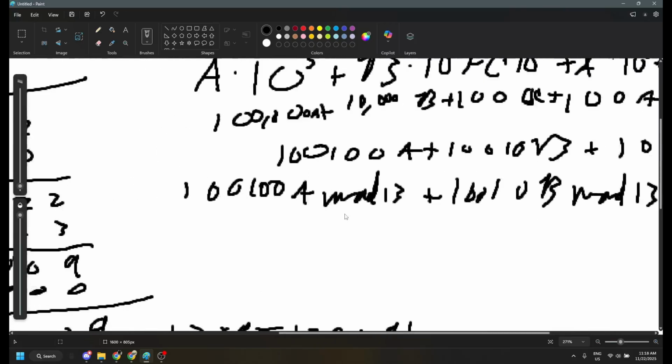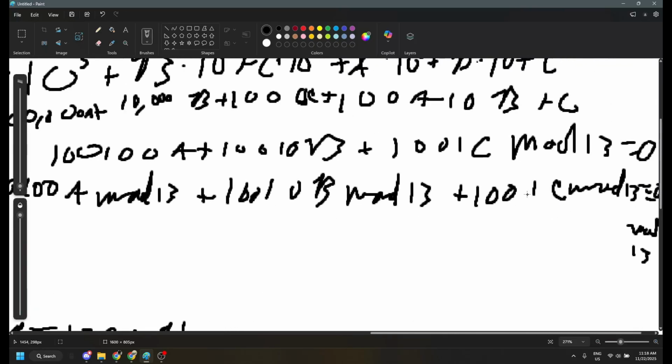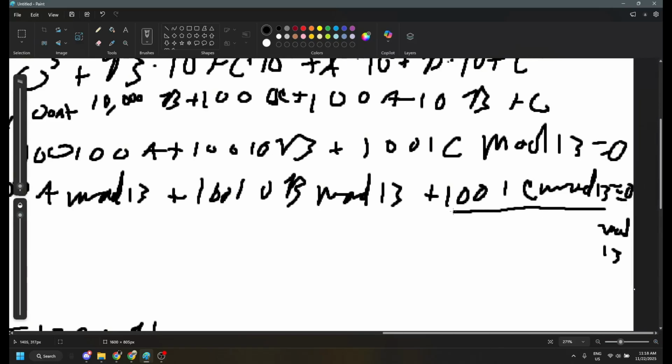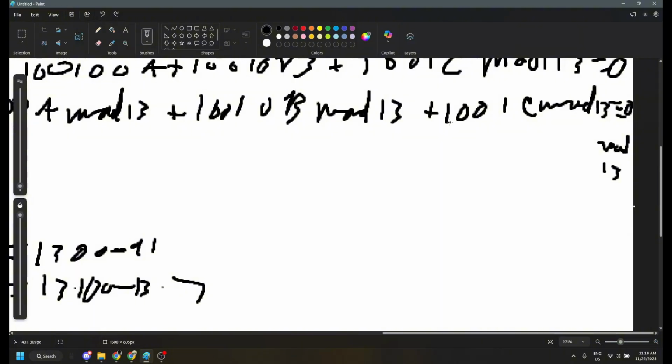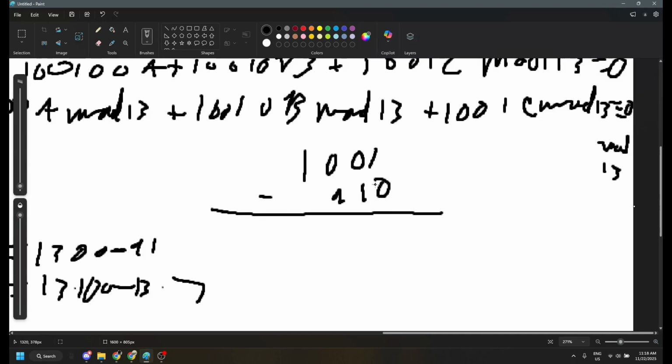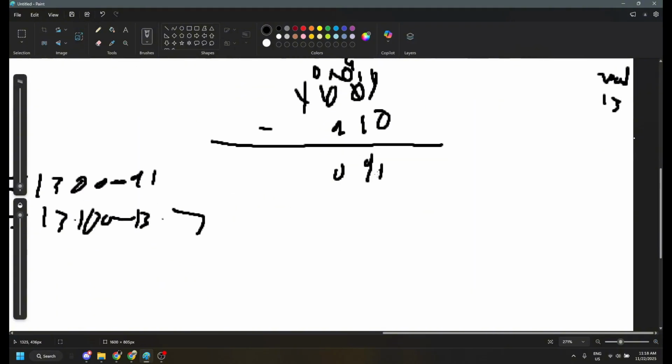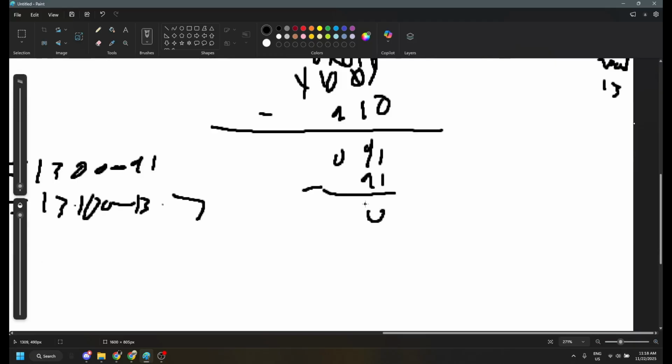Okay, so if you look at this actually, this number here is 10 times this, and this is 100 times this. Why don't we just look at this? So this mod 13 is equal to... Let's see, is this divisible by 13? What could we do? 1001 minus 910 gives us 91, which is divisible by 13, so we get 0.